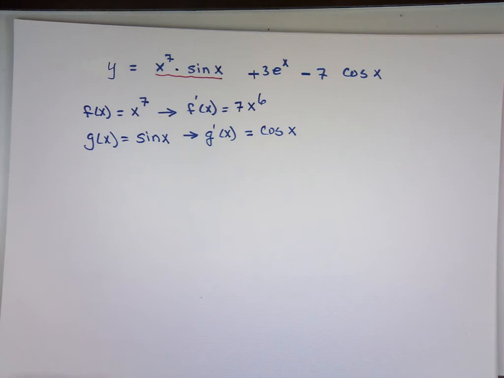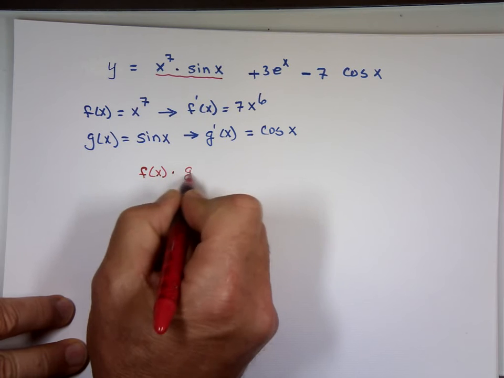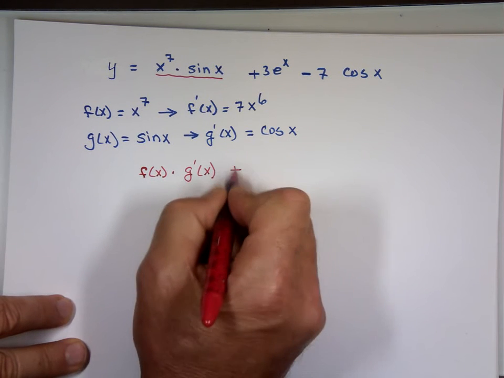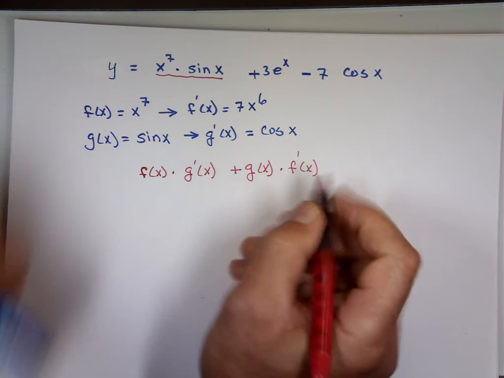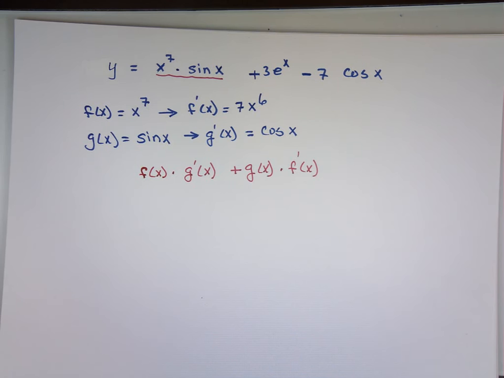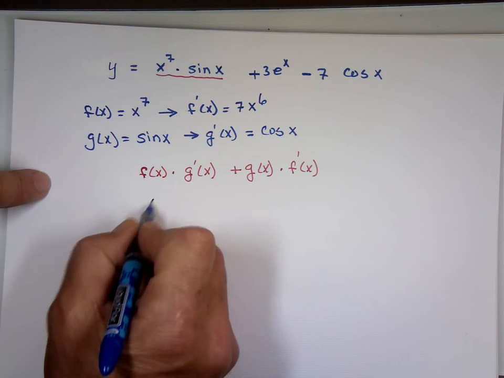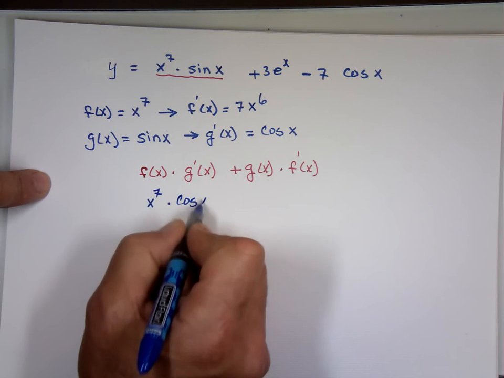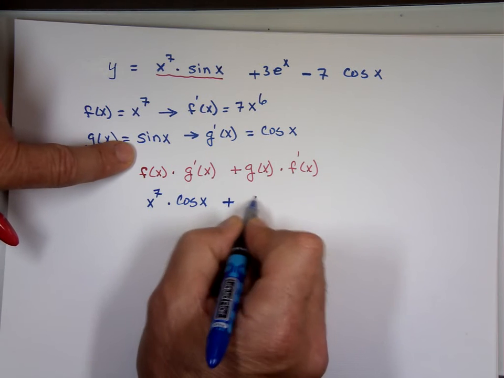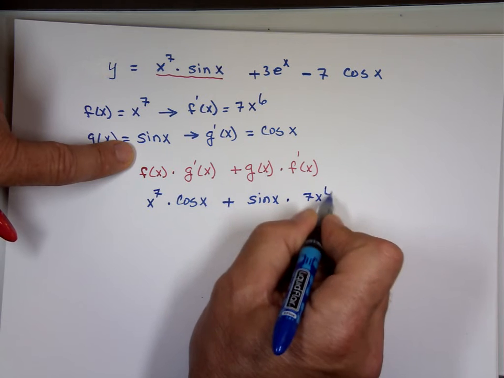So the answer to that is the first times the derivative of the second plus the second times the derivative of the first. What's the first here? x to the 7. What is g prime? Cosine of x, plus sine of x times what? 7x to the 6. That's only for this.